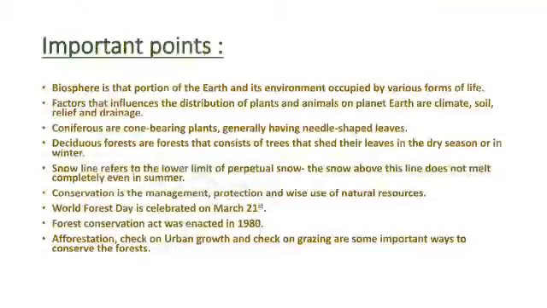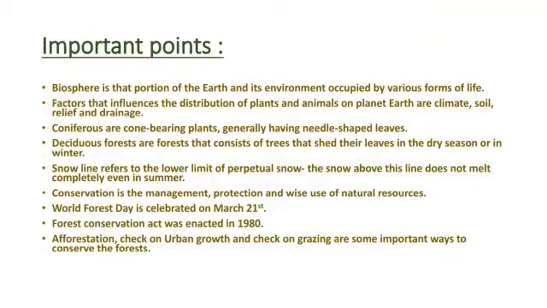So to conclude our chapter, we will go through some important points. Biosphere is that portion of the earth and its environment occupied by various forms of life. Factors that influence the distribution of plants and animals on planet Earth are climate, soil, relief, and drainage.